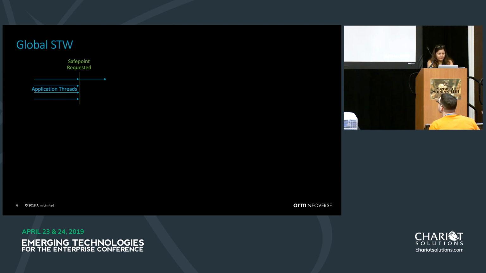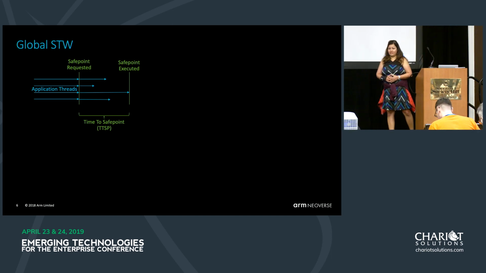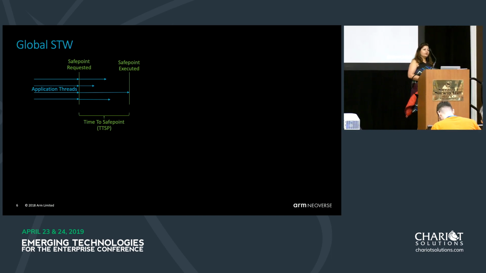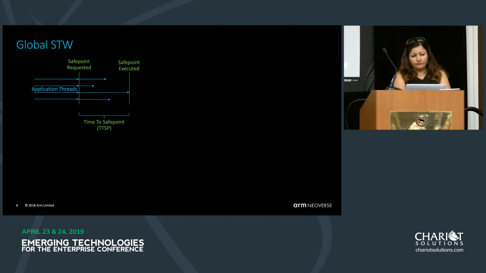Looking at the global safepoint, after the safepoint was requested, we can see the application threads take their own time to come to a halt. And the last thread is when your safepoint gets executed. So this particular gap from the time it was requested to the time it got executed is called the time to safepoint. It's very important even for concurrent collectors, and I'll show you here soon.